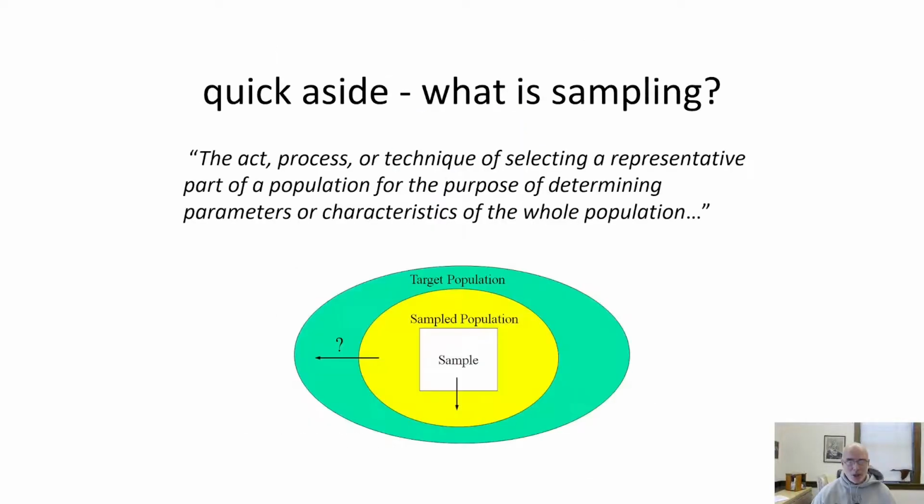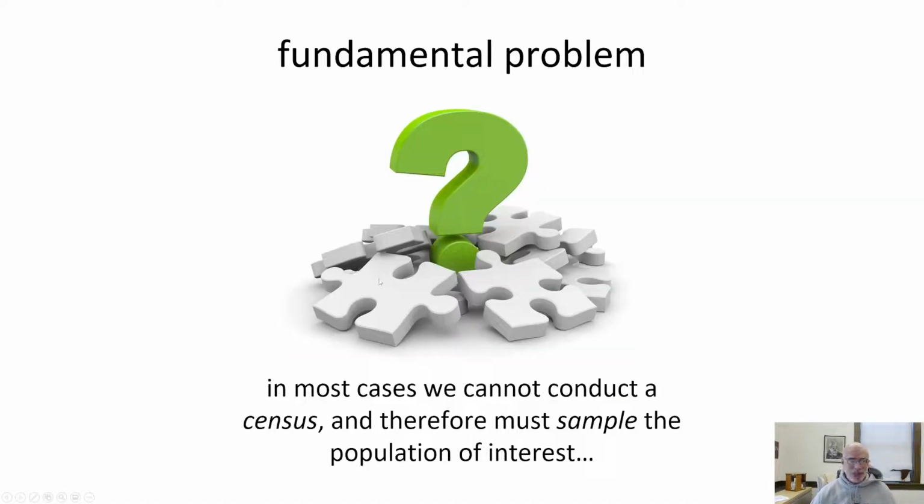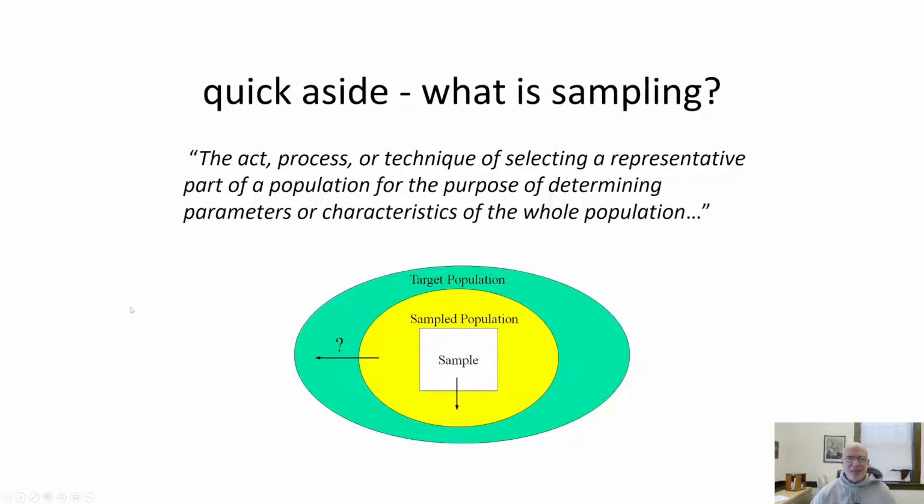All right. So a quick reminder, what do we mean by sampling? Well, sampling, one definition is the act or process or technique of selecting a representative part of a population for the purpose of determining parameters or characteristics of the whole. All right. So if we look at this little diagram here, the target population in green is what we might be interested in estimating the abundance from.